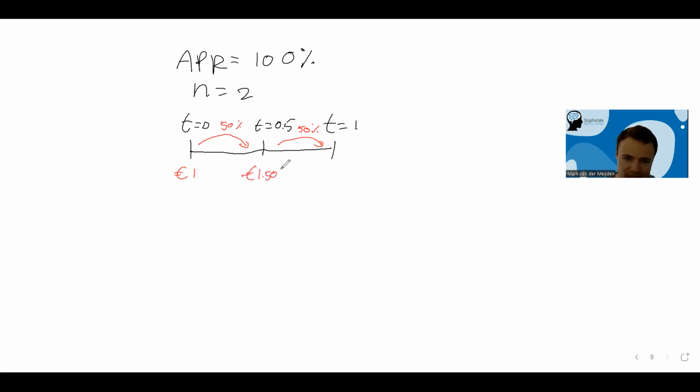Okay, that's what you expect. But here's the interesting part. You get another 50% interest on this €1.50. So how much do we get here?